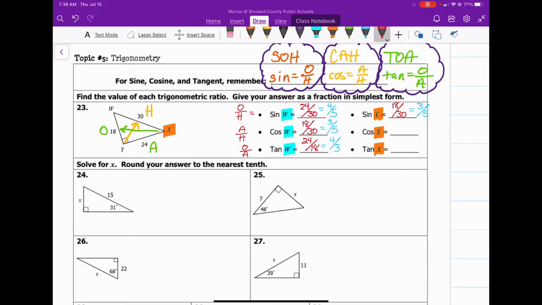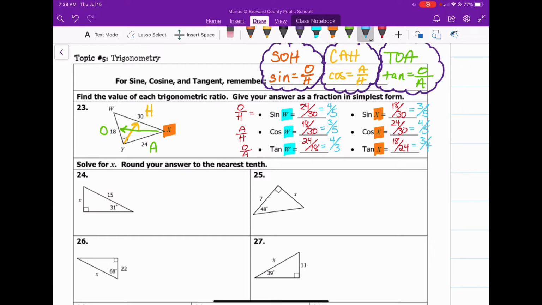Adjacent is 24, hypotenuse is 30. Simplify, this becomes 4/5. And the last one, tangent of X, is opposite over adjacent. Opposite is 18, adjacent is 24. When we reduce this, it becomes 3/4.